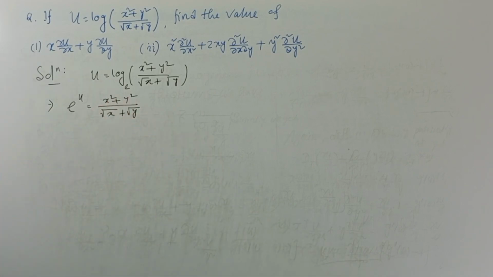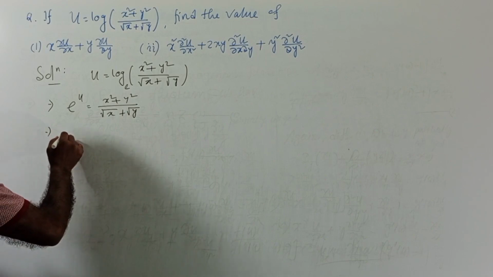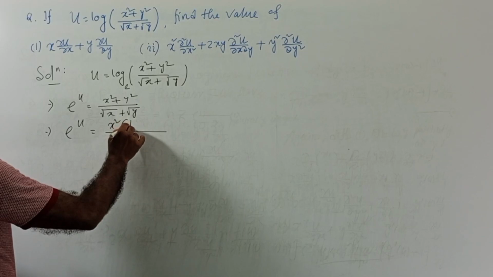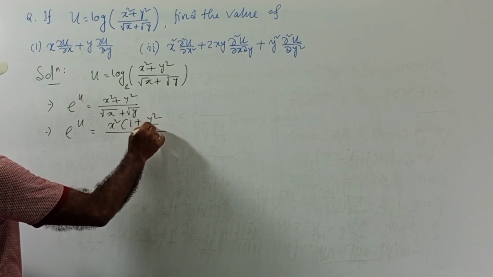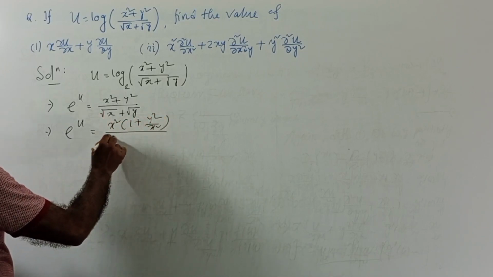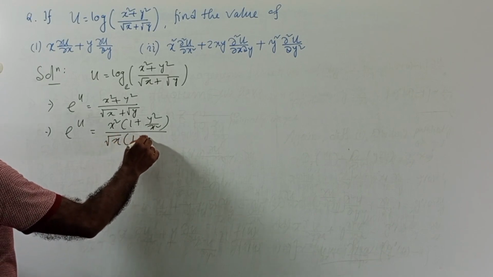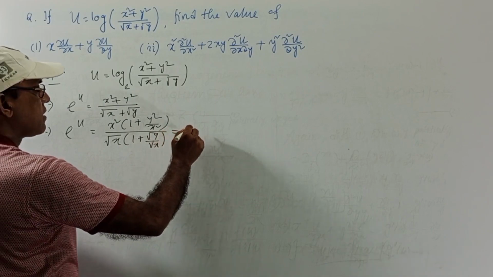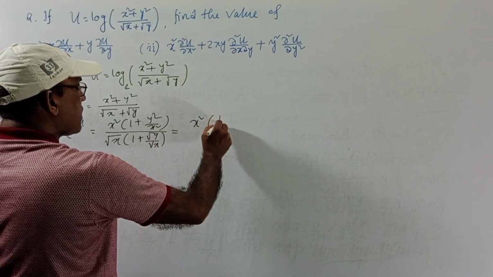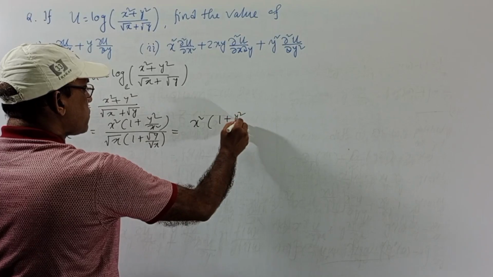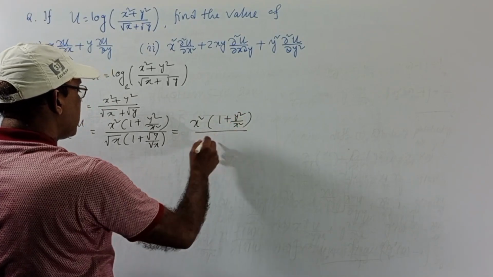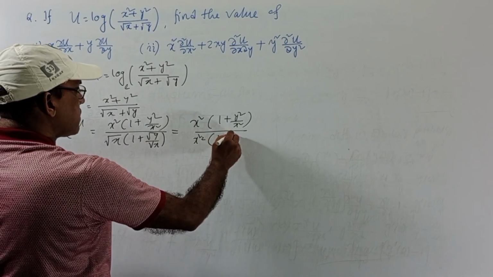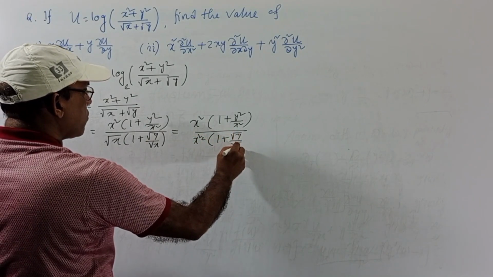Now this implies e to the power u equal to, taking x square common, 1 plus y square by x square, taking root x common, 1 plus root y by root x, this equal to x square times (1 plus y square by x square) by root x, which means x to the power half times (1 plus root y by root x).